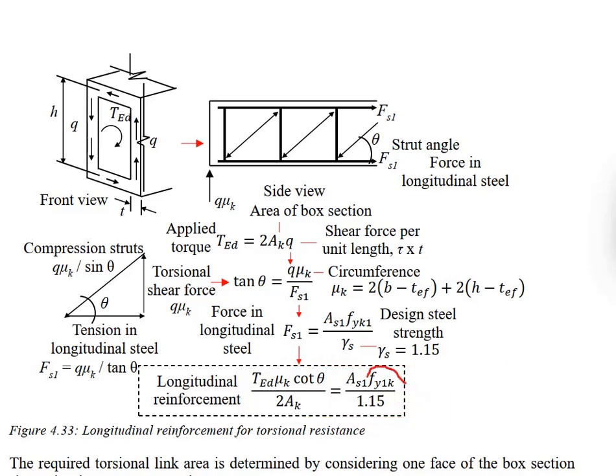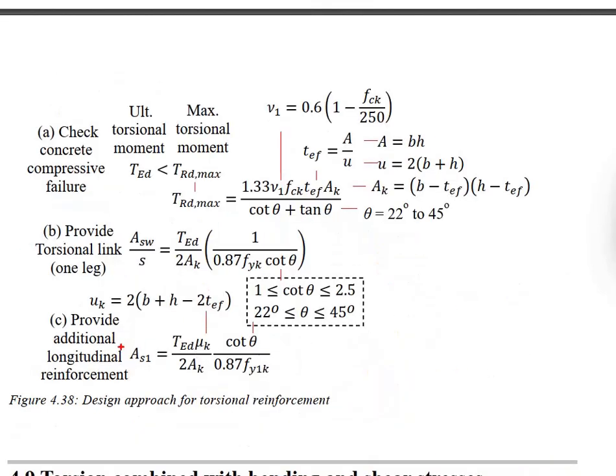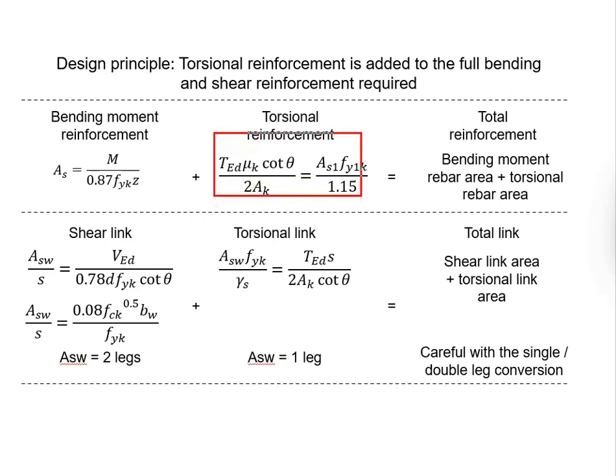Rearrange the formula by moving these two to the other side, and you get this formula. Based on the amount of reinforcement bar that you have obtained, remember it is to be added up with the bending moment reinforcement before you finalize the reinforcement in the member.